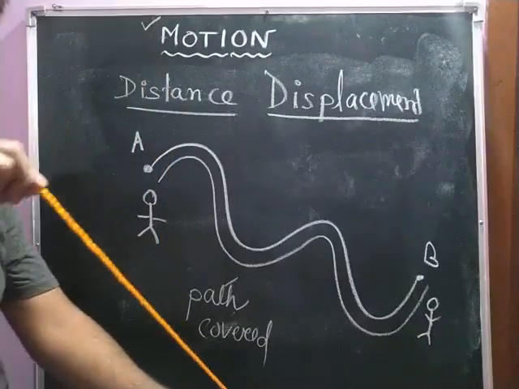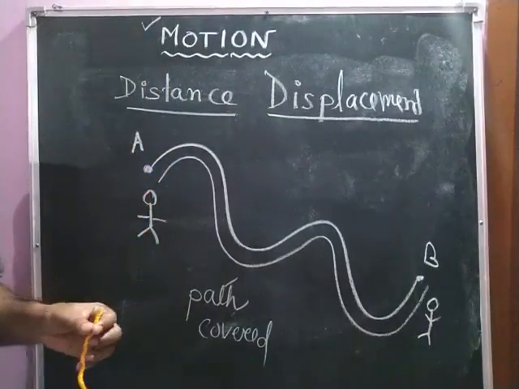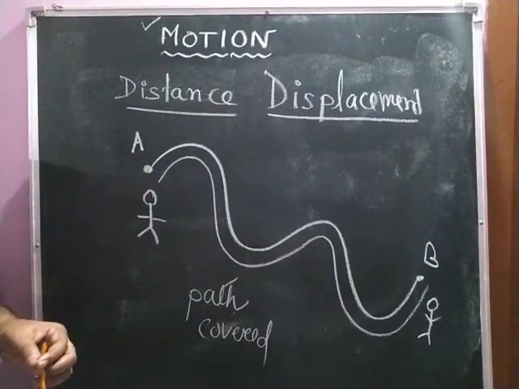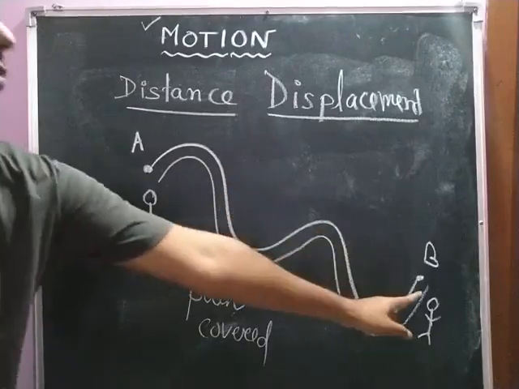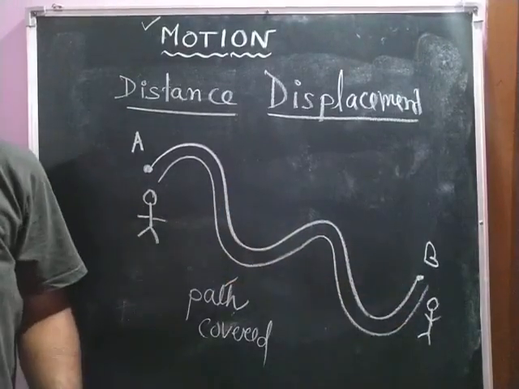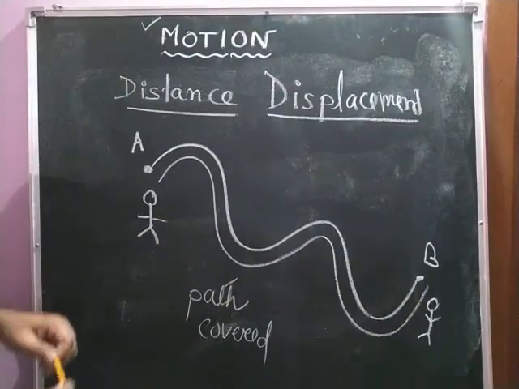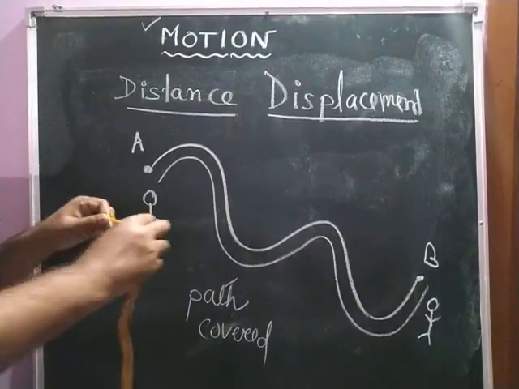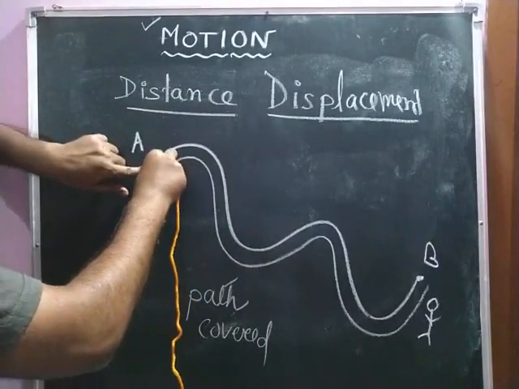All of you know what this is. This is a small rope. Now let us see how we can measure this actual path covered from this point to this particular point B. For this, we have to place this measuring device at the starting point A like this.